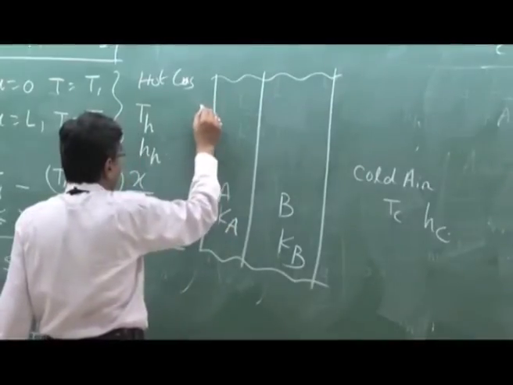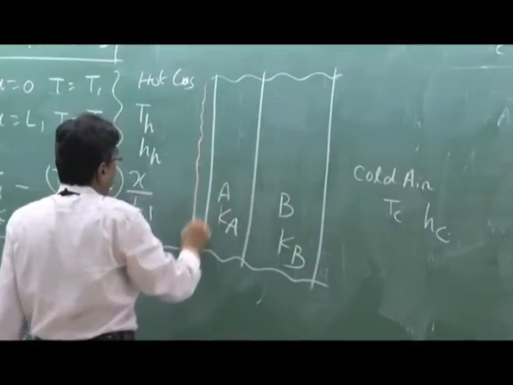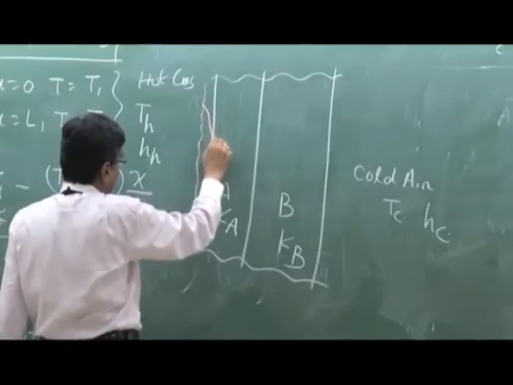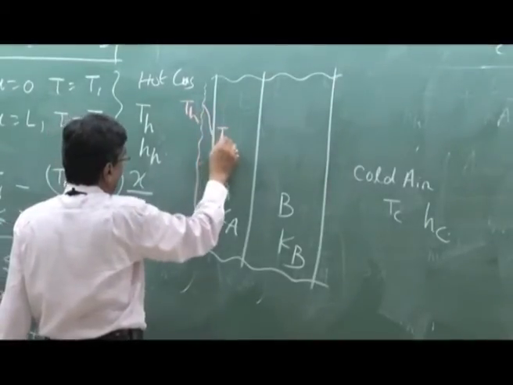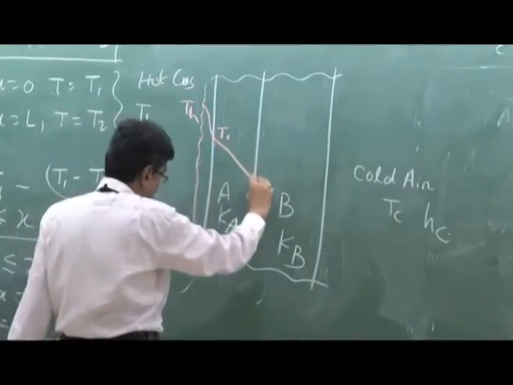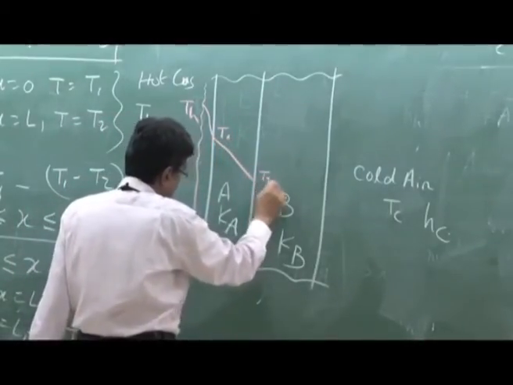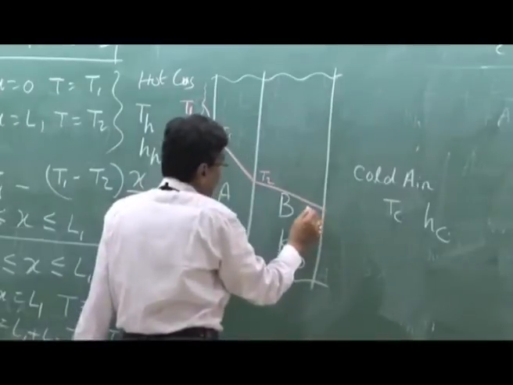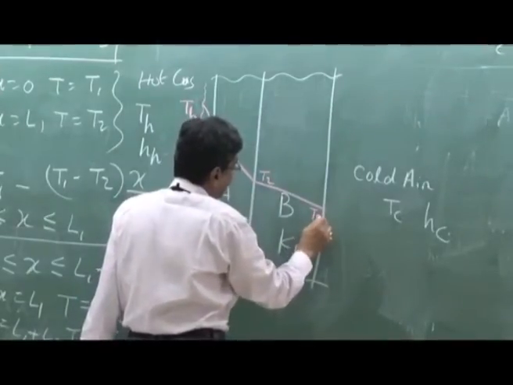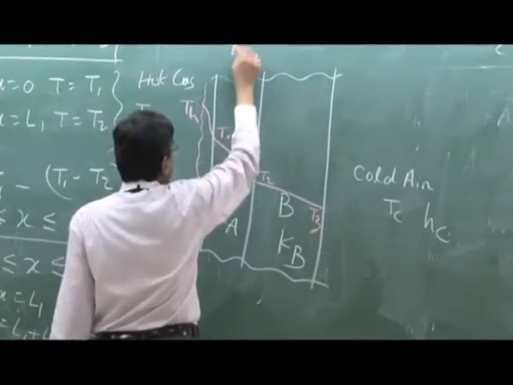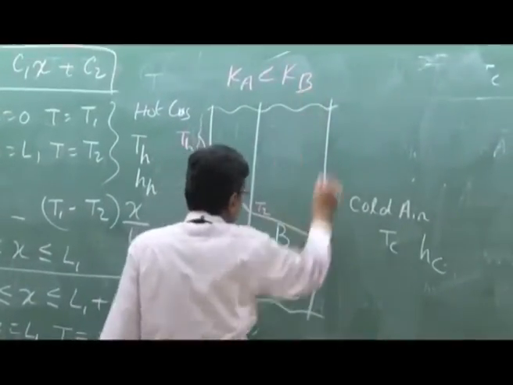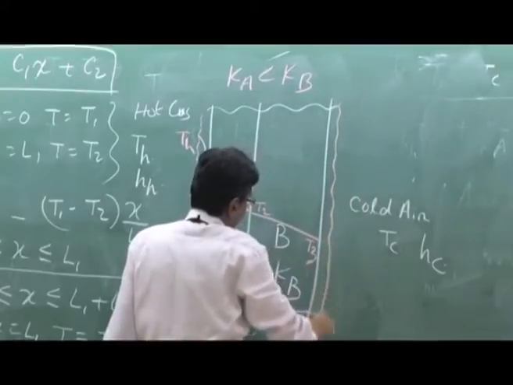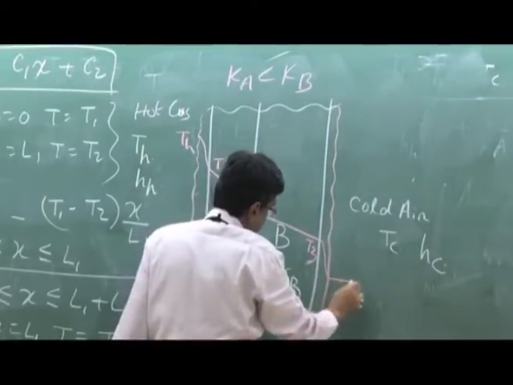From a value of TH, there is a thin film here. From TH it goes to T1, then there will be a steep change to T2, then there will be a relatively flat change to T3, because Ka is less than Kb, and then in a thin film it goes to Tc.